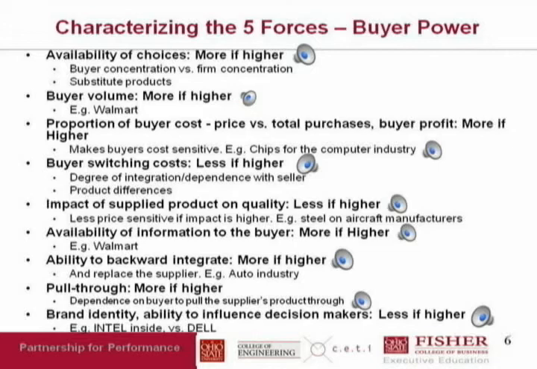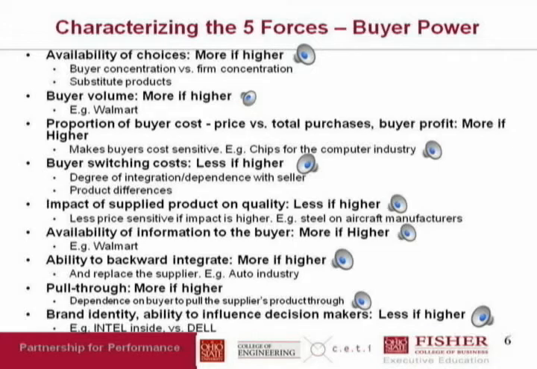The availability of information to the buyer is also likely to affect buyer power. So for example, if the buyer knows exactly what the seller's costs are, then the buyer can negotiate much more strongly with respect to the seller. Walmart is a very good example of this because Walmart's IT systems are well integrated with the supplier systems, and this was a requirement for doing business with Walmart.